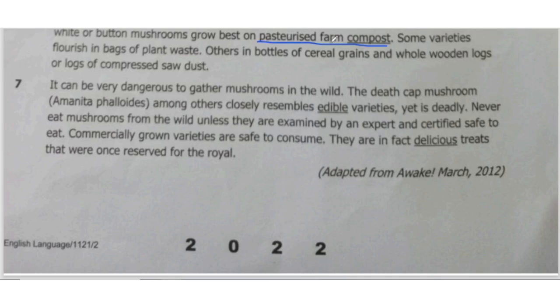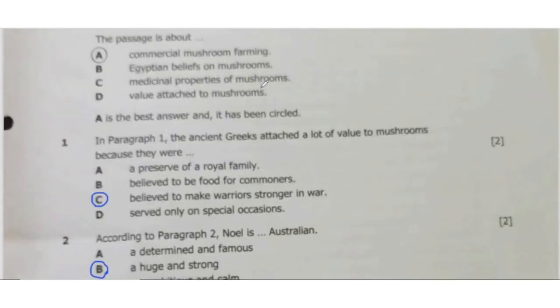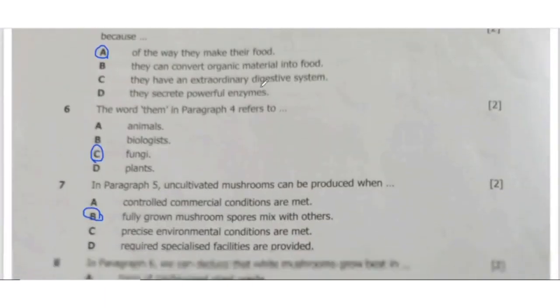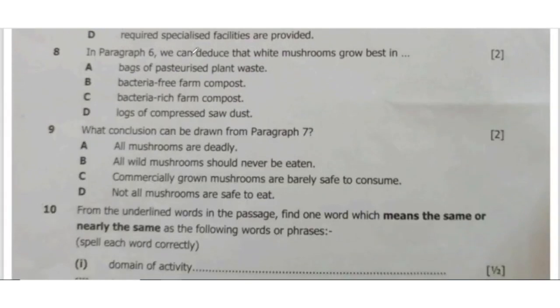So here we go to the answers where it says, in paragraph 6, we can deduce that white mushrooms grow best in bags of pasteurized plant waste, bacteria-free farm composite. This is the one I underlined there. Then bacteria-rich farm composite.